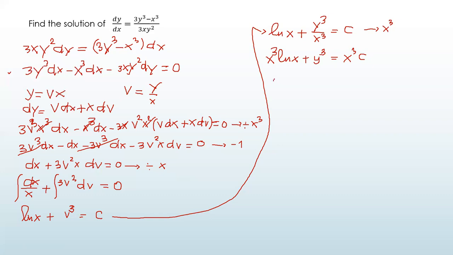And we may simplify, it becomes y cubed equals x cubed c minus x cubed ln x, or y cubed equals x cubed times (c minus ln x).